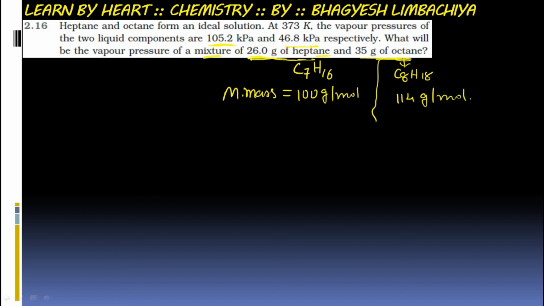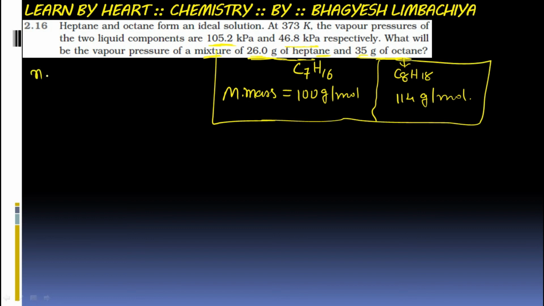So masses are given to you, so we can calculate the number of moles. Here we will calculate the number of moles of heptane and the number of moles of octane. So it will be 26 by 100 and here 35 by 114.